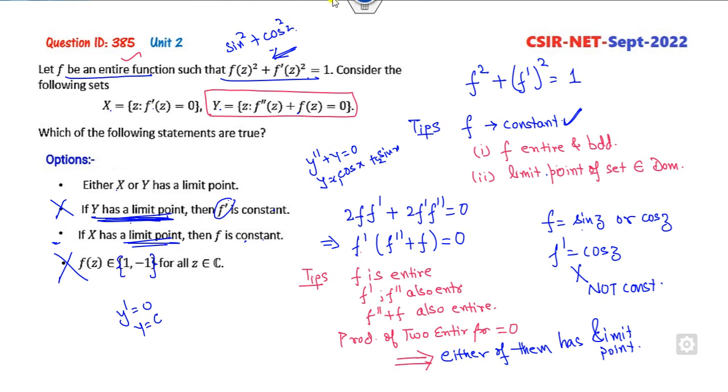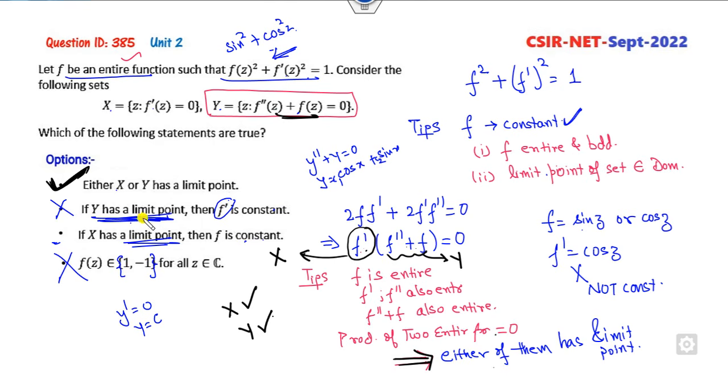Now you can see here, this is my f dash, this is nothing but my x, this is nothing but my y here. So this is the entire function, this is the entire function, the product of the two entire functions will be 0. This implies either of them has a limit point. It means either x has a limit point or y has a limit point. So the first option is the correct option.